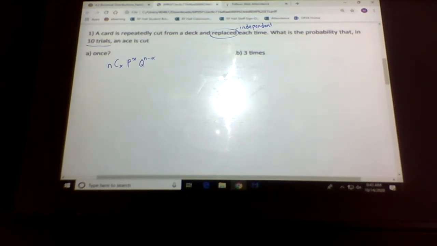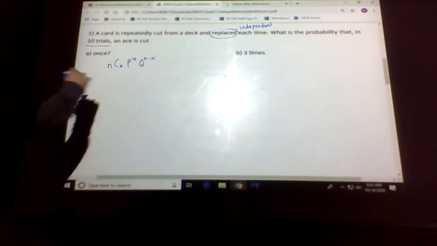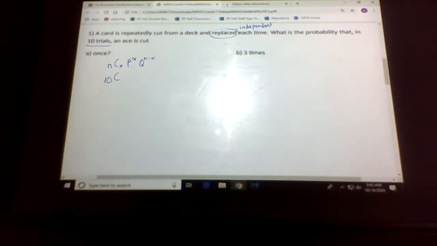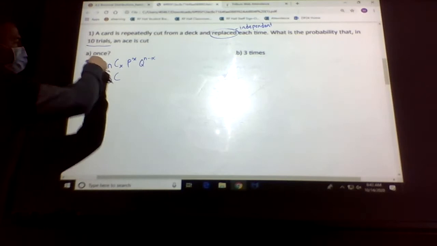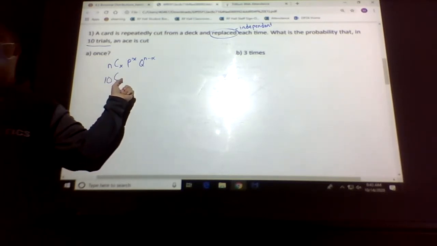So n is what in the question? Total number of trials, which is 10. So we get 10. X is the number of successful trials, so what are we looking at? We want an ace to come up once. So our x is just 1. We want 1 out of the 10 to be an ace. So 10 choose 1.